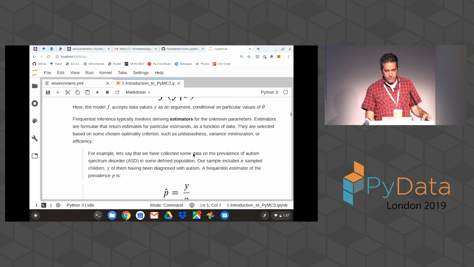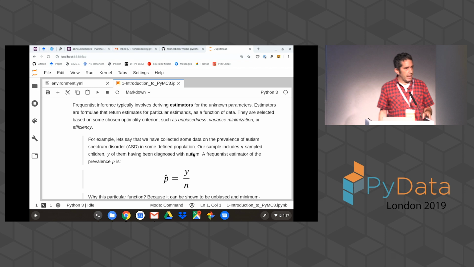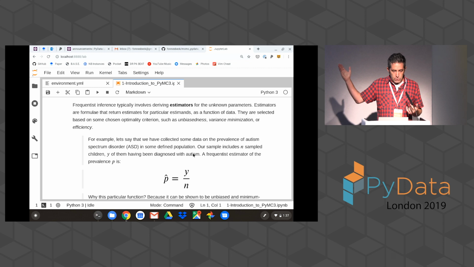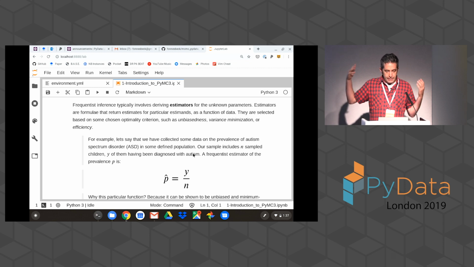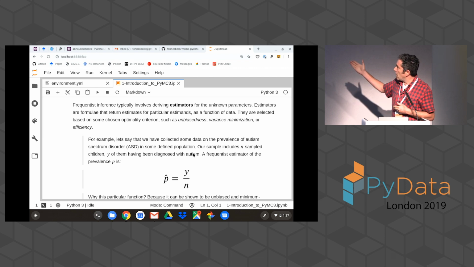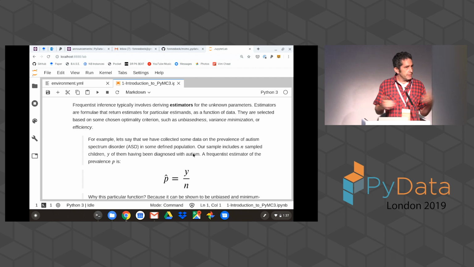And so if you're a frequentist, what you do is you spend most of your time coming up with estimators for things. So estimators for those unknown quantities. And so for example, a simple example is binomial proportions, right? So if you're interested in global health or disease, something like autism spectrum disorder, you may want to know the prevalence in the population, right?